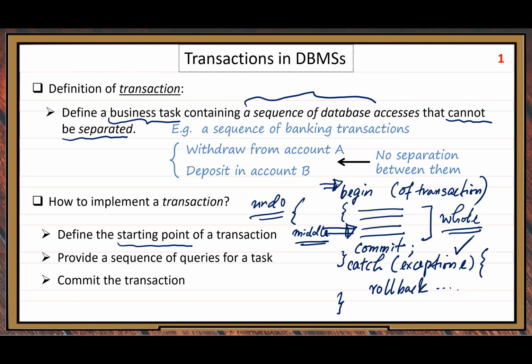It needs to be compiled inside your DBMS to become an executable command. Because when you write a query, it's a high-level language, not executable. So the DBMS needs to compile your query command into machine code, a sequence of machine instructions.